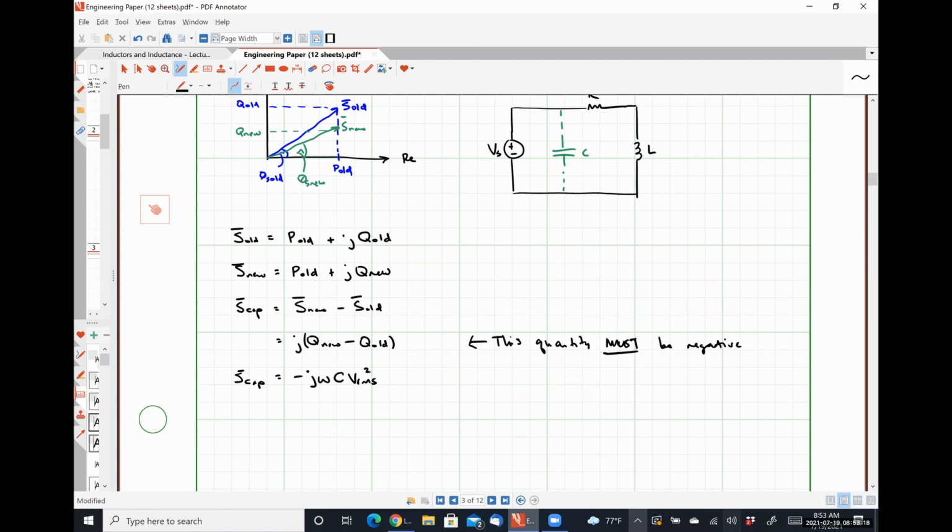So if we relate those two different expressions for the complex power supplied or absorbed by a capacitor, what we find is that C is equal to negative (Q new minus Q old), which is inherently a negative quantity to begin with, divided by omega times V RMS squared.